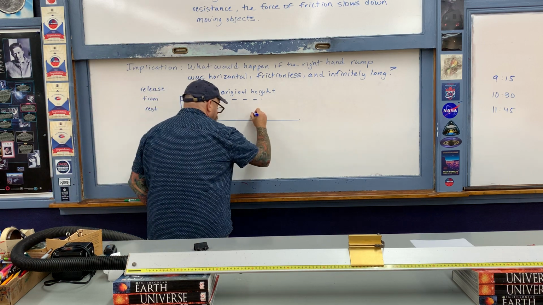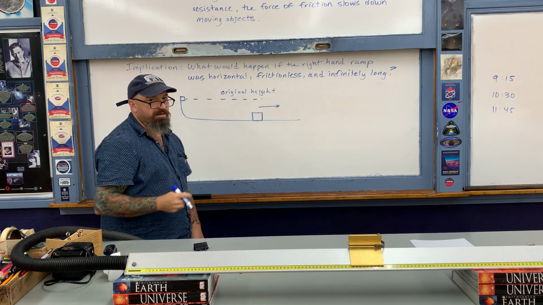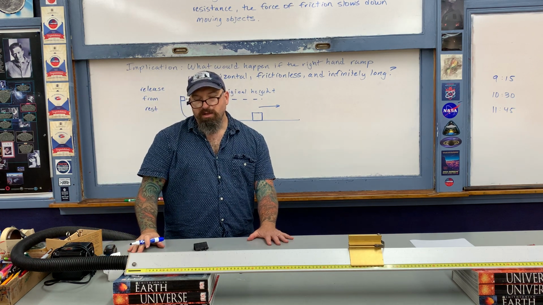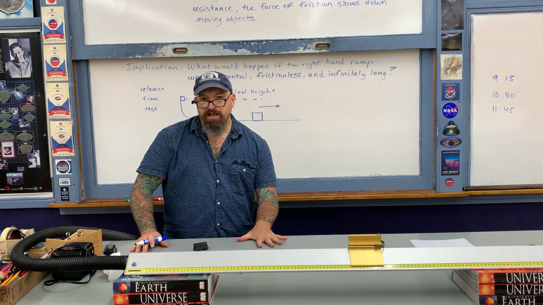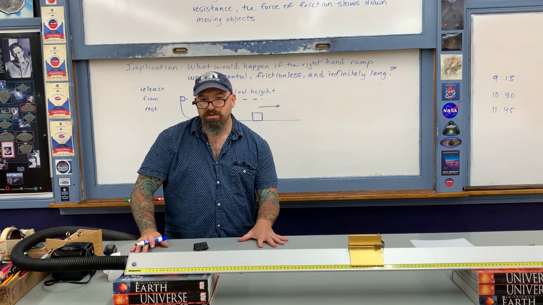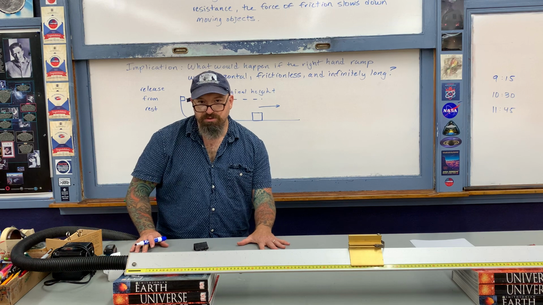So then therefore, what's going to happen to the object when it gets here to the right-hand side like so, and it's moving horizontally with some speed? Well, if the object is always trying to return to its original height, regardless of the shapes of the ramps on the right-hand side, this then means that the object will continue to move at a constant speed in a straight line forever, trying to return to its original height.